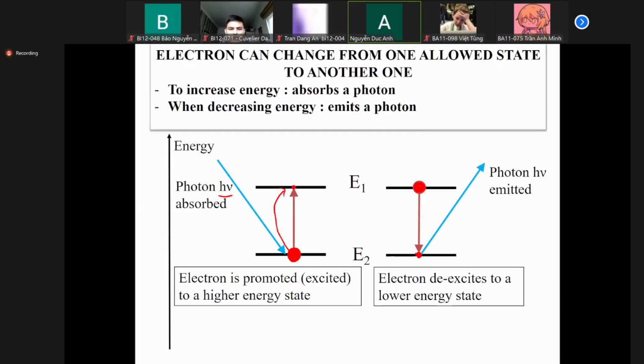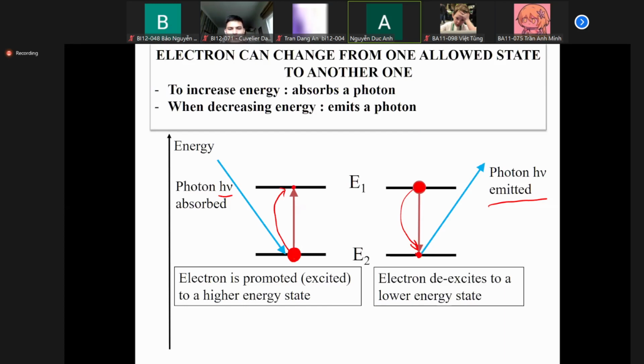So in this case, electrons will go down from the higher state to the lower state, and at the same time the energy will be released as photons.